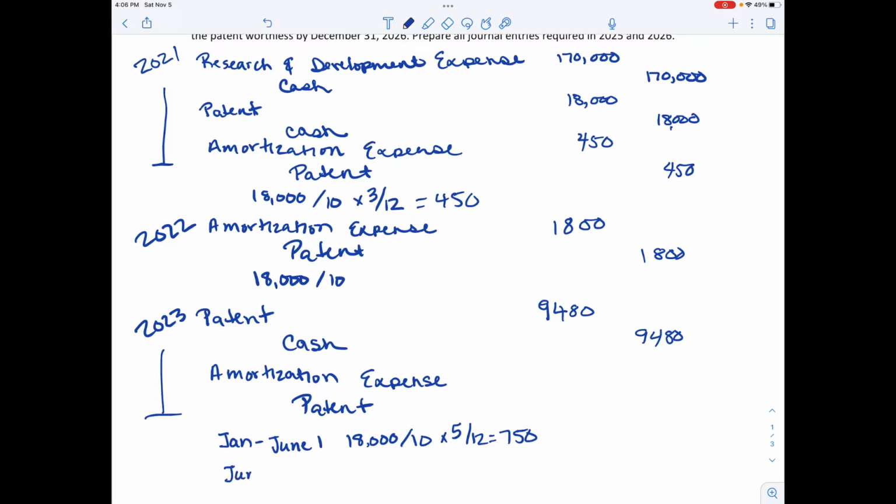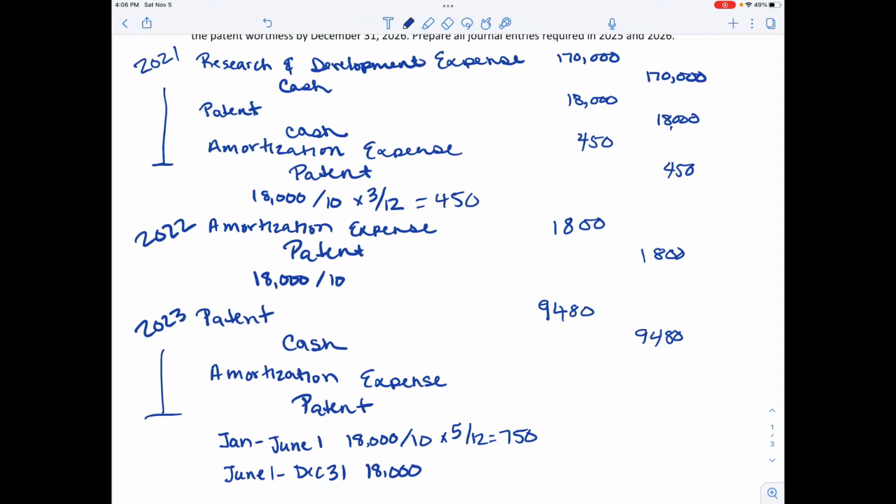At June 1st through December, we need to amortize the amount that we have left from our original patent. So we're going to find that out first. So we're going to get that 18,000.